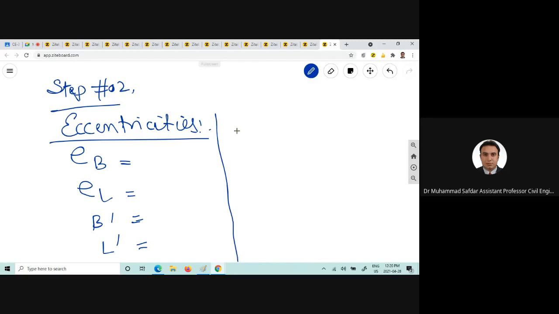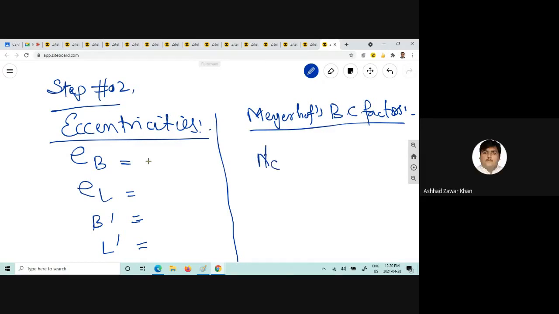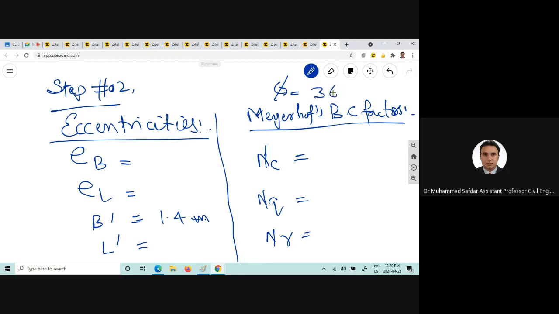Now we need to find out the bearing capacity factors as well, and we need to use the Meyerhof's bearing capacity factors, and we need to find out Nc, Nq and N gamma, and the friction angle is equal to 36 degrees.